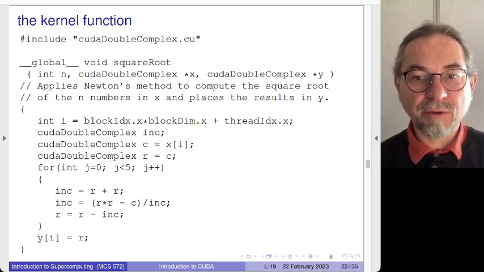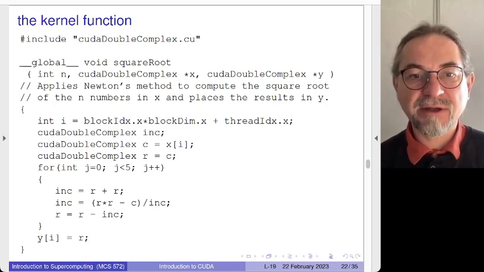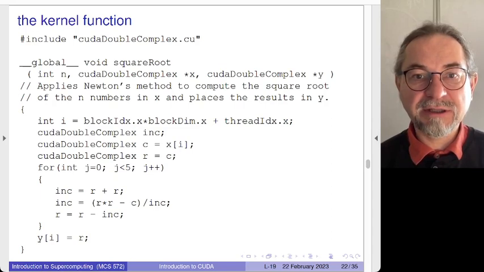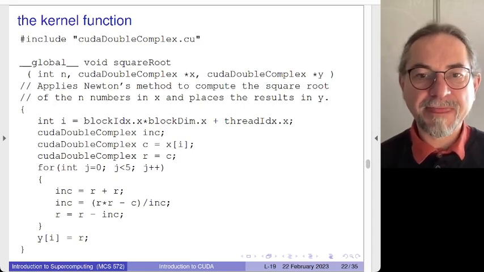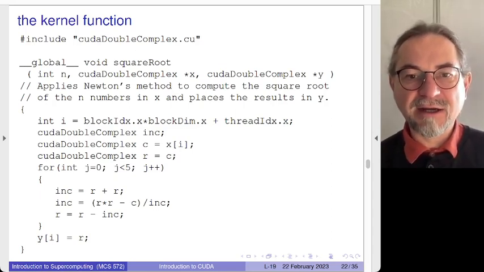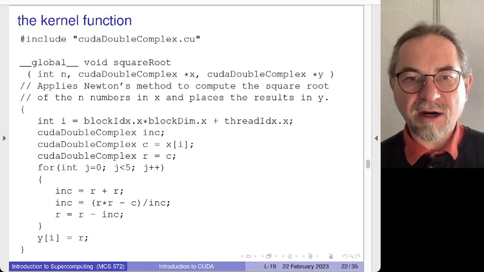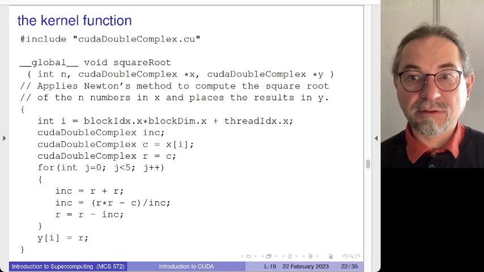What is critical here is that we are using the thread index to read from the input that is stored into a register. So the I and C, the increment, the C and the R, and they are double twos.